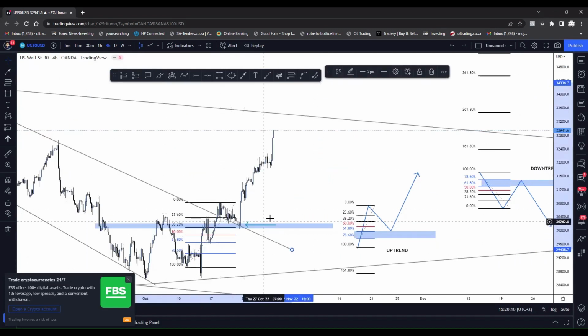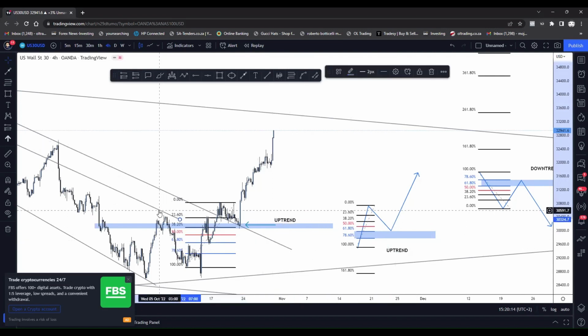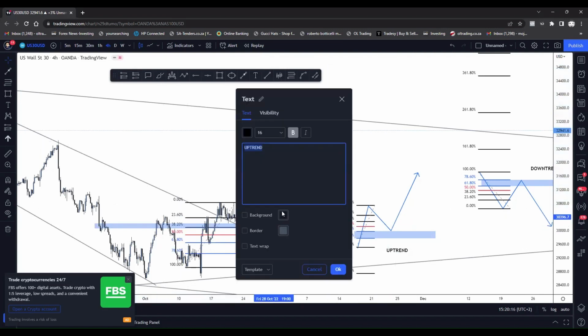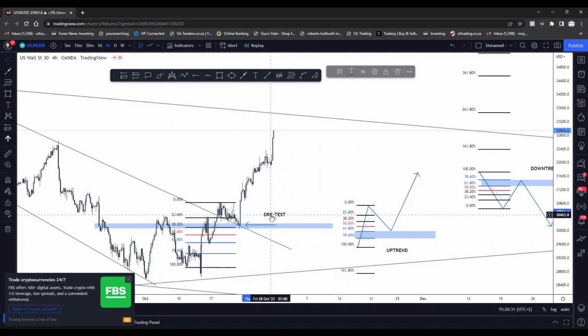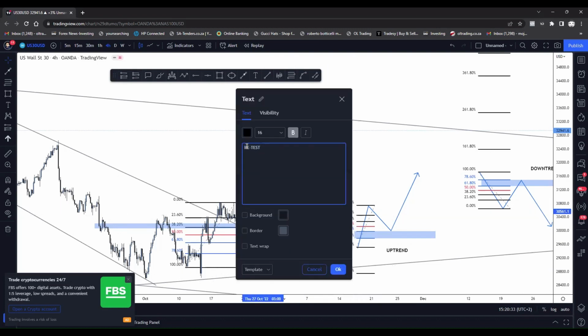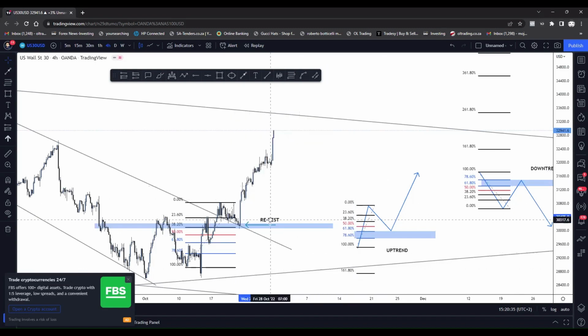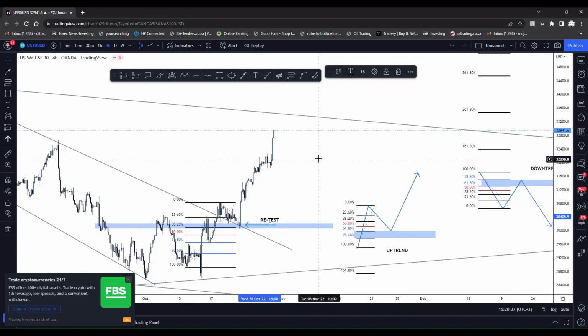Okay, now let's look at this structure. We came to retest. This was a retest. This was a retest. But here we pushed it to the upside.